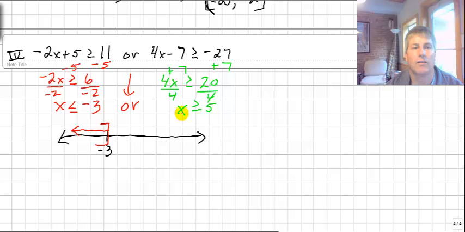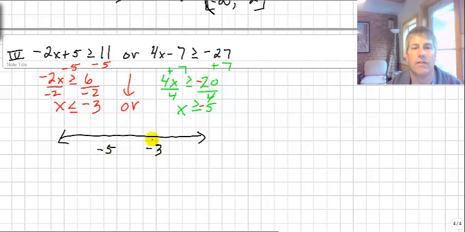I want x's that are greater than or equal to, lost my negative sign, greater than or equal to negative 5, negative 3, and critical points at negative 5.